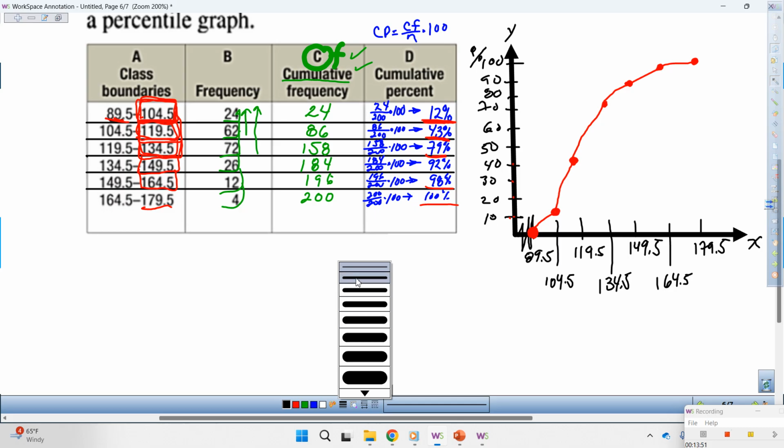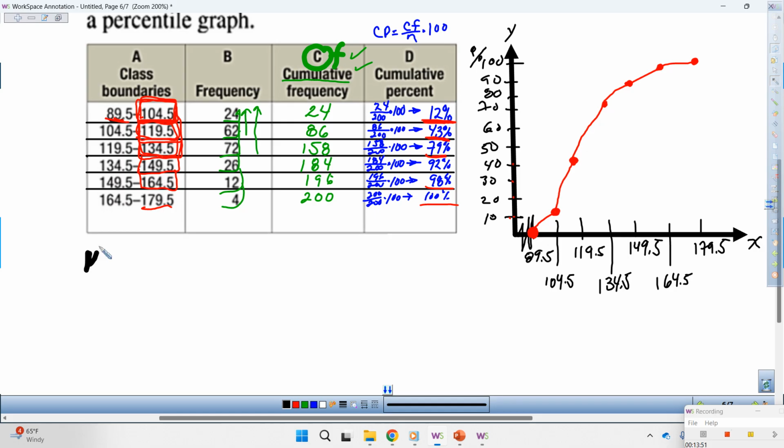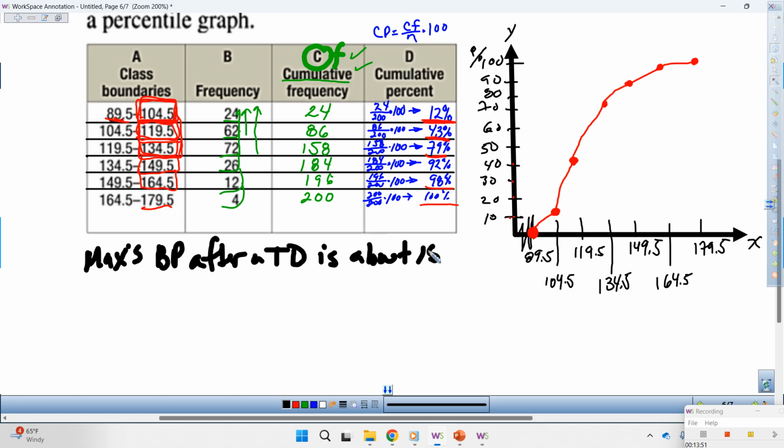They're going to ask you, for example, I'm going to say Max's blood pressure after a touchdown is about 155 on the mercury. What is his percentile?